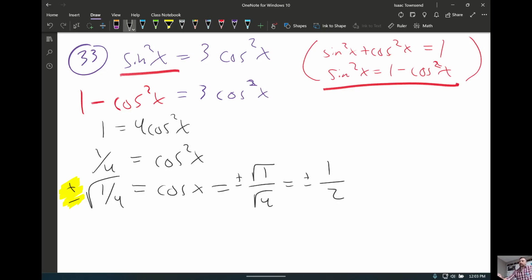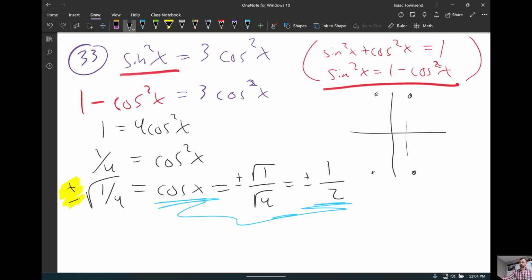And so in the end, it looks like our solutions should come when cosine is plus or minus 1/2. So here, here, here, and here. Here's where cosine's positive 1/2. Here's where cosine's negative 1/2. And the directions want the solutions from 0 to 2 pi.